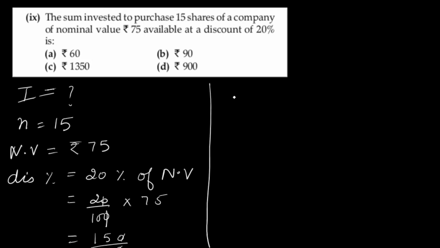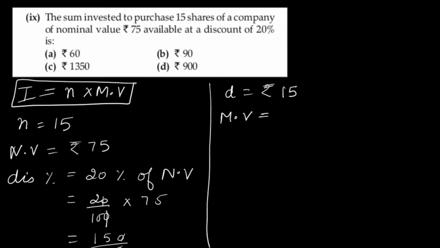You can solve the question with me and check the calculations. So now we can find the market value. Why do we need market value? Because the investment formula is number of shares into market value, and we have to find the investment.